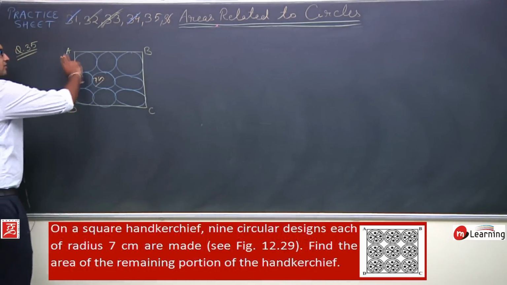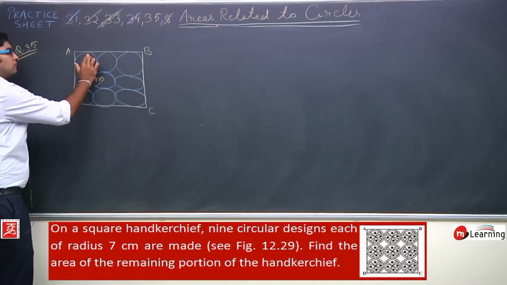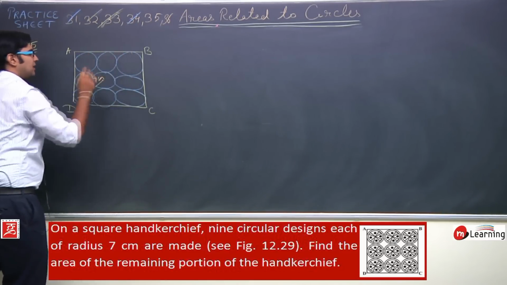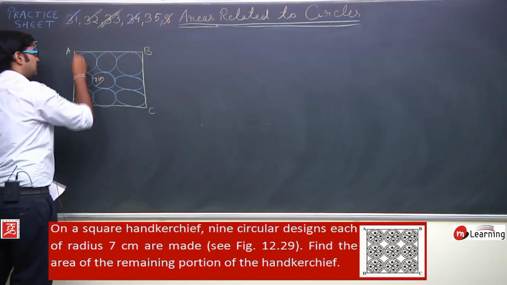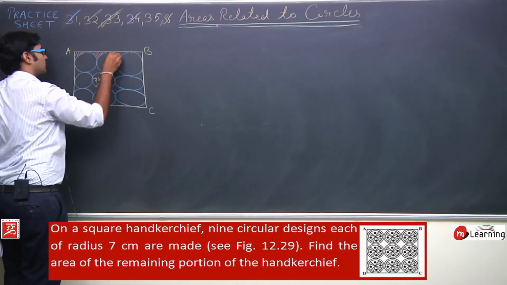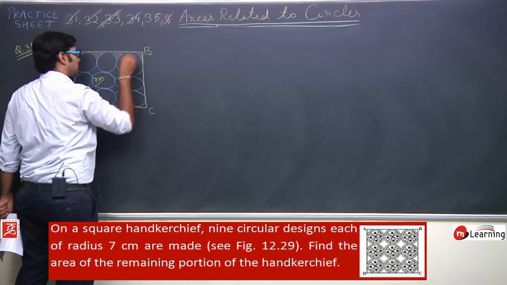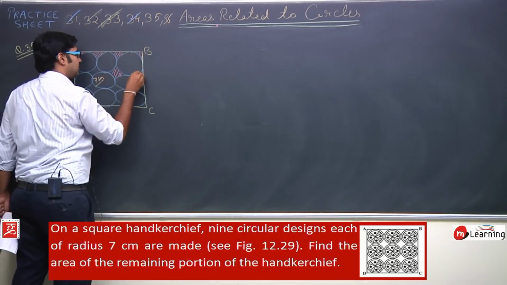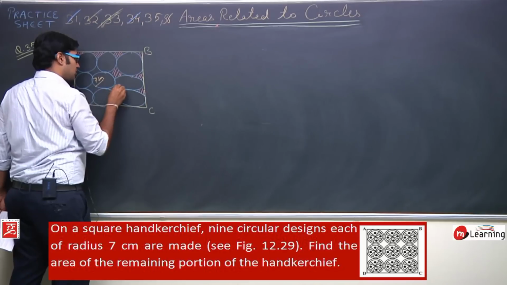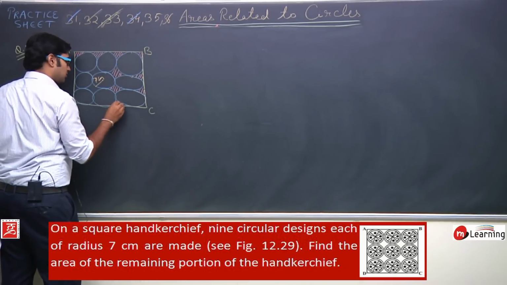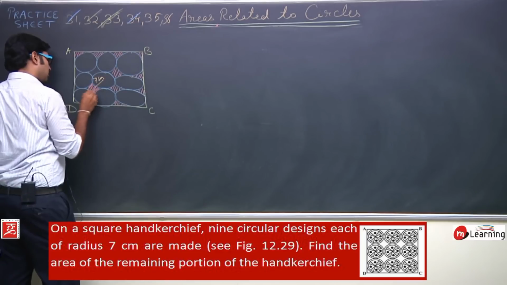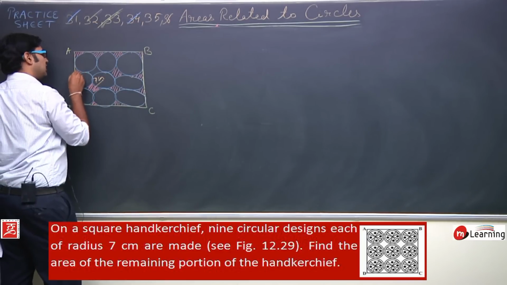Remaining portion means from the area of the square, if I remove the area of these 9 circles, I will get the area of the remaining portion. The remaining portion is this one.